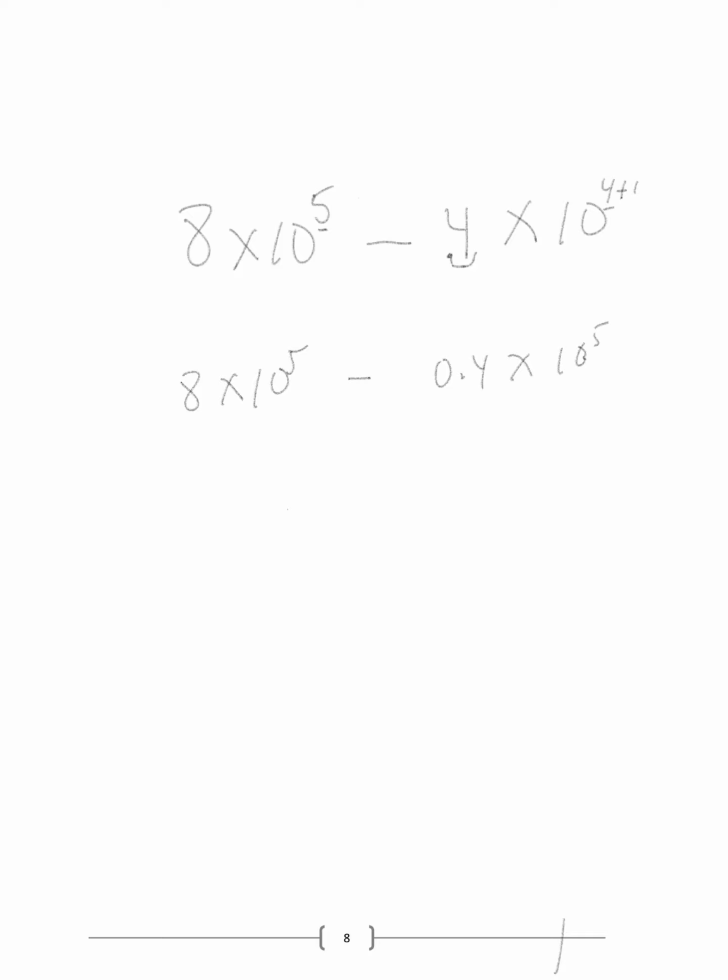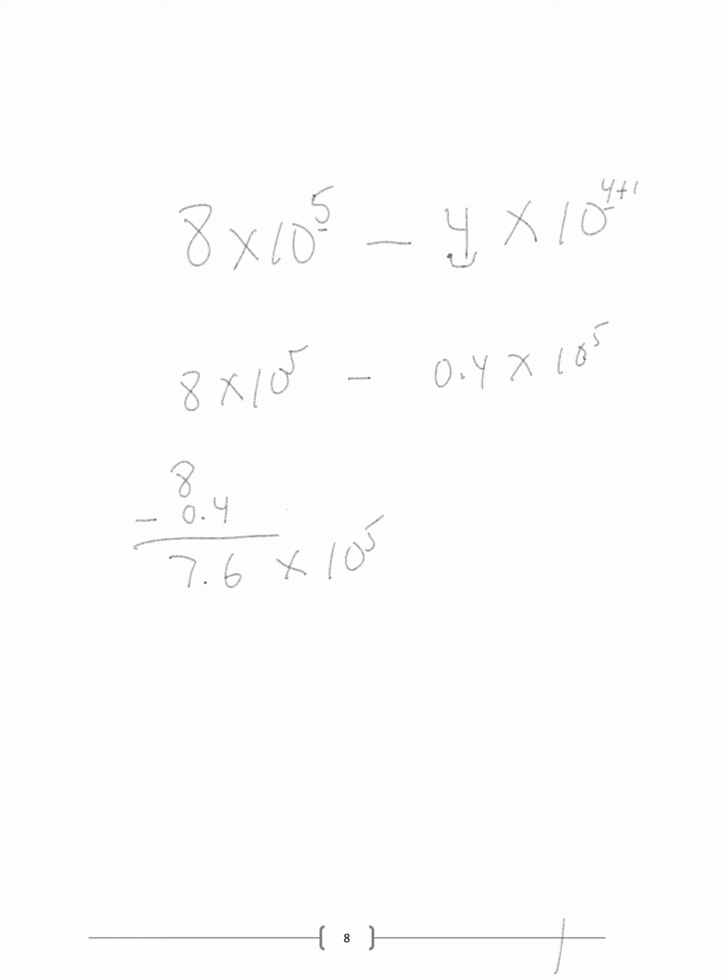Now I can subtract the coefficients. So 8 minus 0.4 gives me 7.6 times 10 to the fifth.